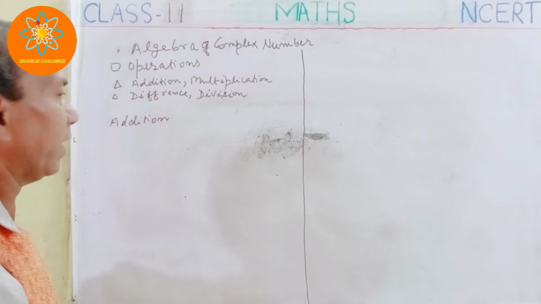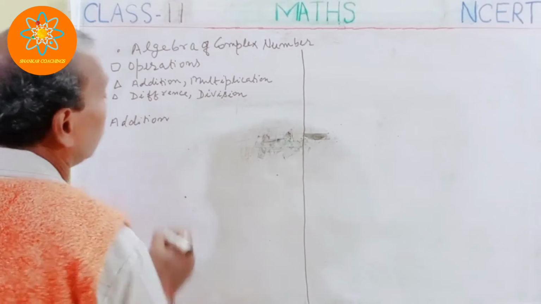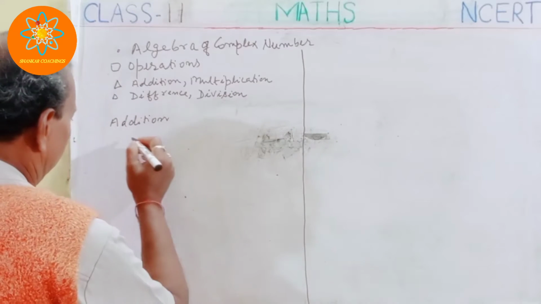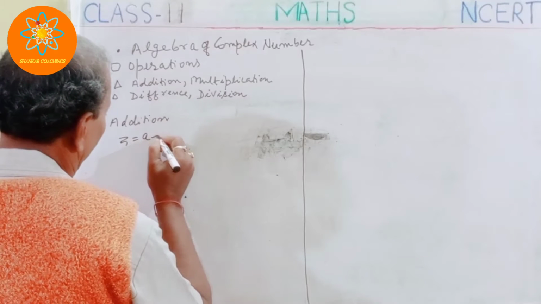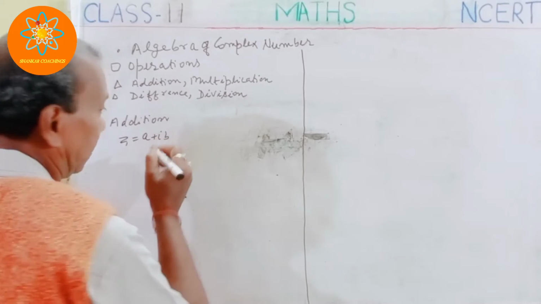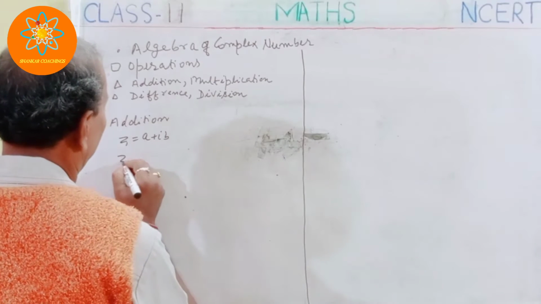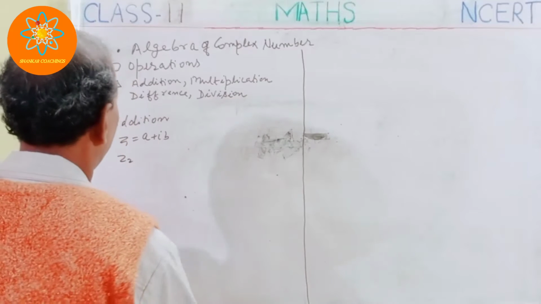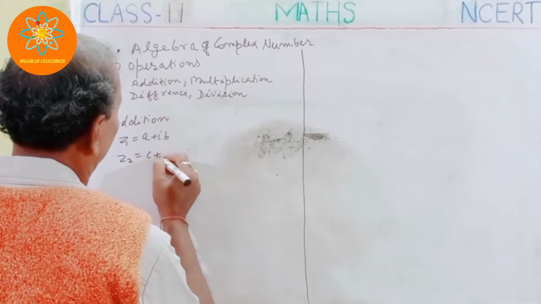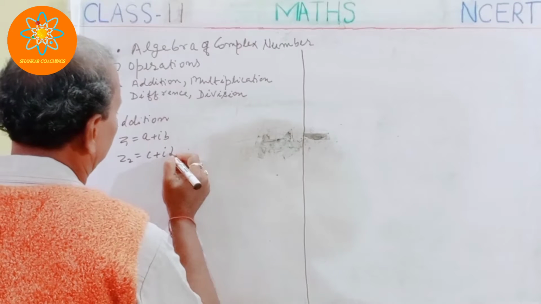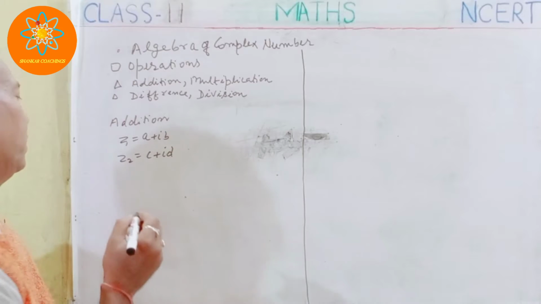So for the case of the addition, let's suppose I have two complex numbers. Let's suppose one is z1, which is equal to a plus iota b, and another one is z2, which is nothing but c plus iota d. Let's suppose I want to find the addition.